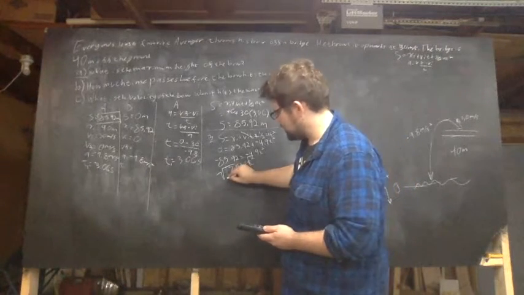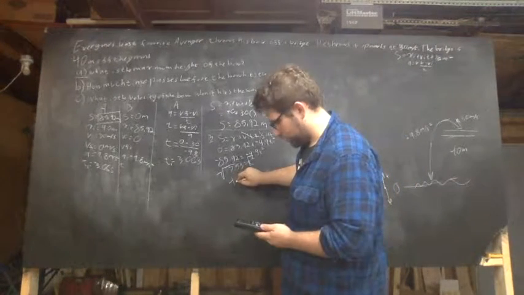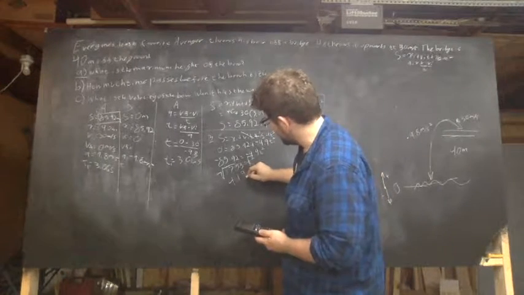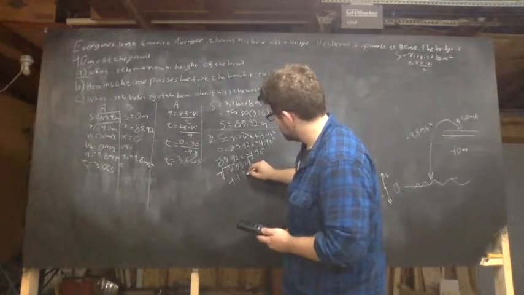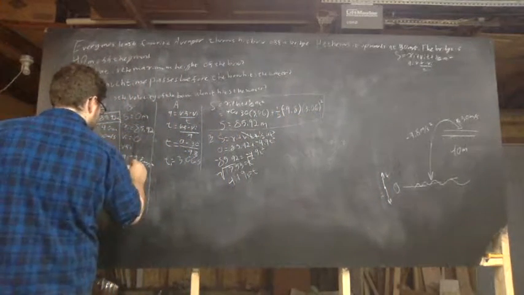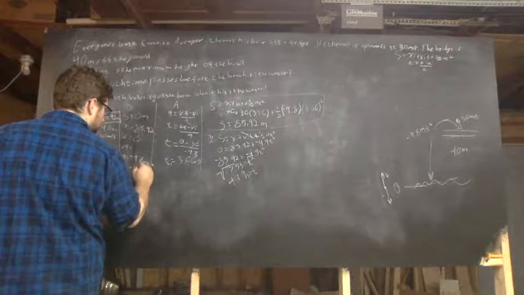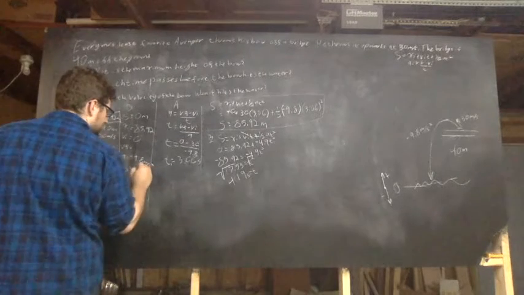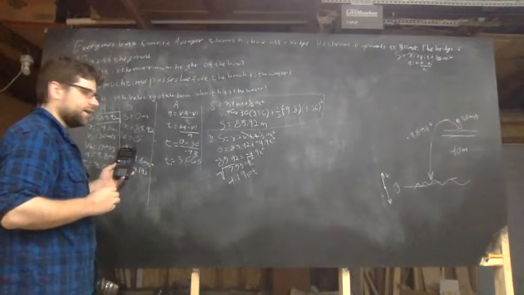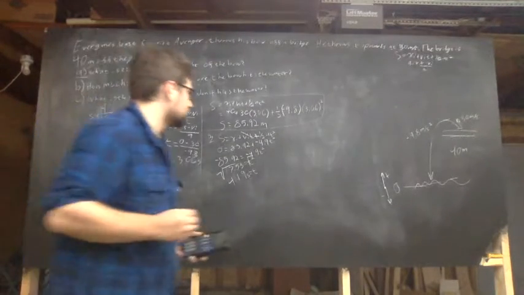And that's going to give us a T of 4.187, so 4.19 seconds. Okay, so our T2 is going to be 4.19 seconds.